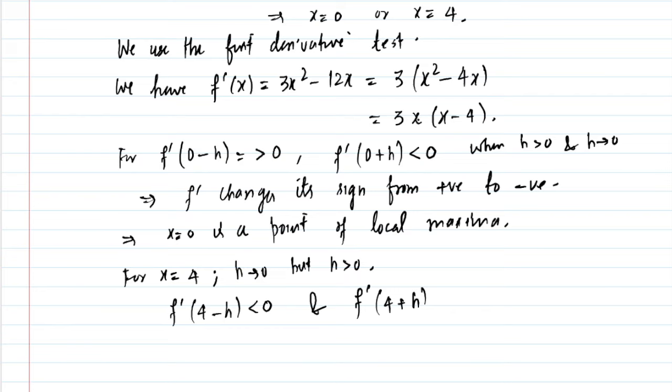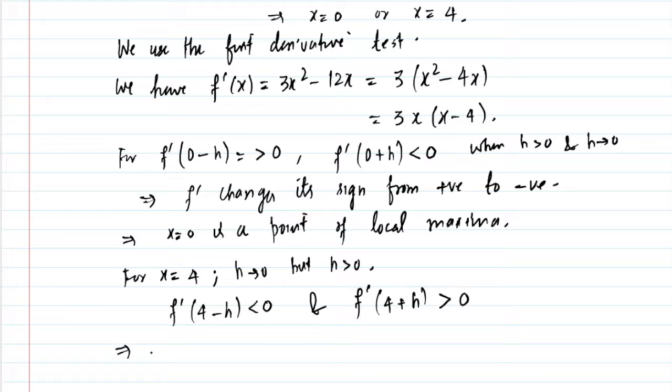Then 3 into x becomes obviously positive, because 4 plus h is positive. So positive into 3 is positive. Now for this x we substitute a quantity slightly bigger than 4, so a quantity bigger than 4 minus 4 is again positive, and positive into positive is positive. So therefore this is greater than 0.